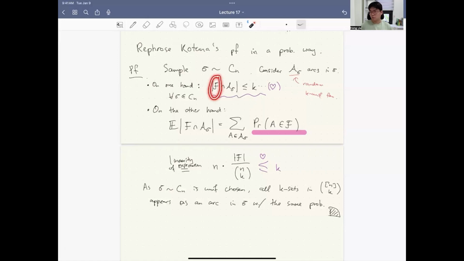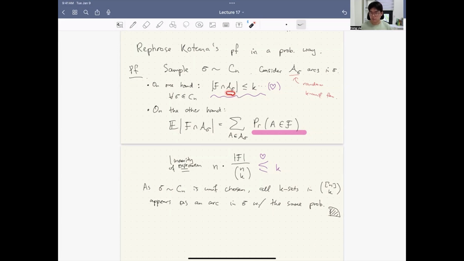What we do is make use of a random control group, like a control group when they test medicine. We use a control group generated by this random permutation sigma. So the control group is A sigma here. It depends on sigma, right? And we see how our family interacts with the control group.